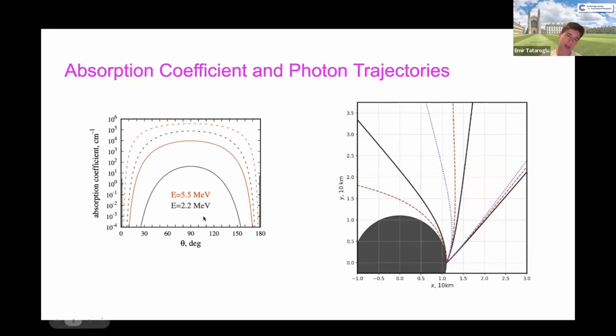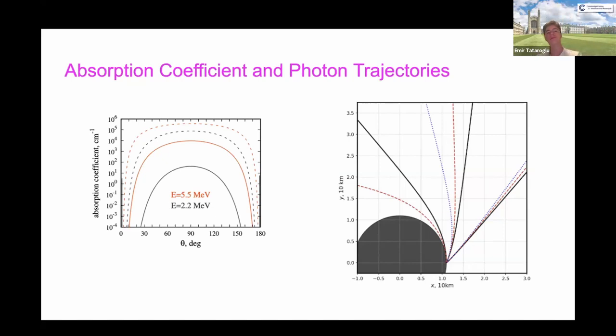The angle and the absorption coefficient are plotted here, and the absorption coefficient is very concentrated around when the photon is perpendicular to the magnetic field. The more perpendicular to the magnetic field it is, the higher the coefficient, which makes sense because the magnetic field is stronger.